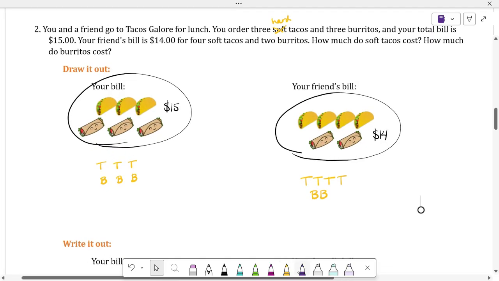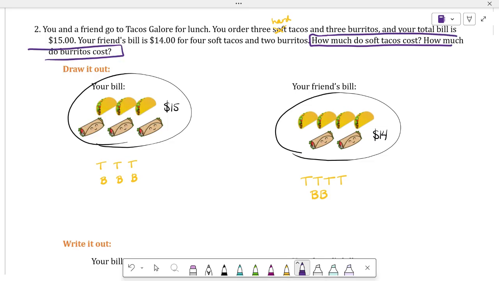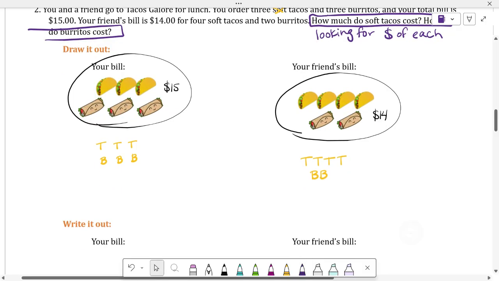All right. What I want us to pay attention to is our question here. How much do the soft tacos cost and how much do the burritos cost? So this is what we're looking for. We're looking for the price of each. So when we go to write the equation, which is what you're going to need to do, we need to define our variables.